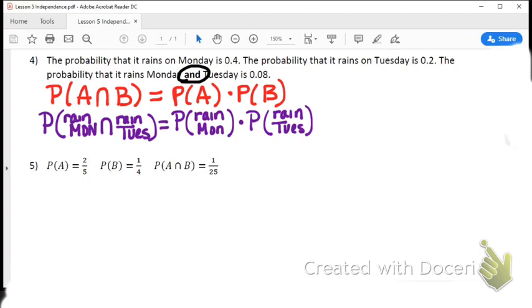So I want you to pause the video and see if you can figure out if these two events are independent.